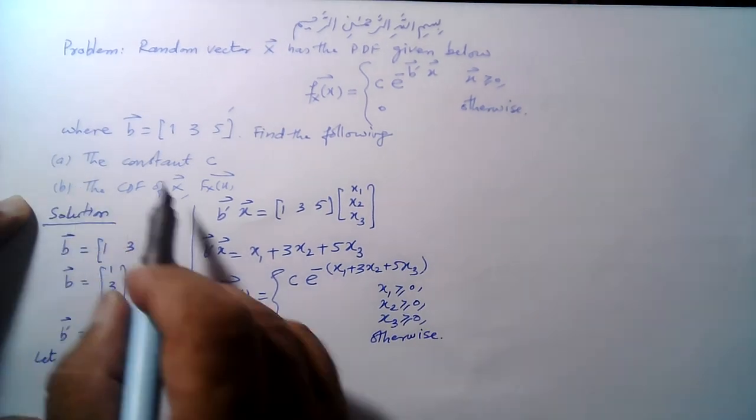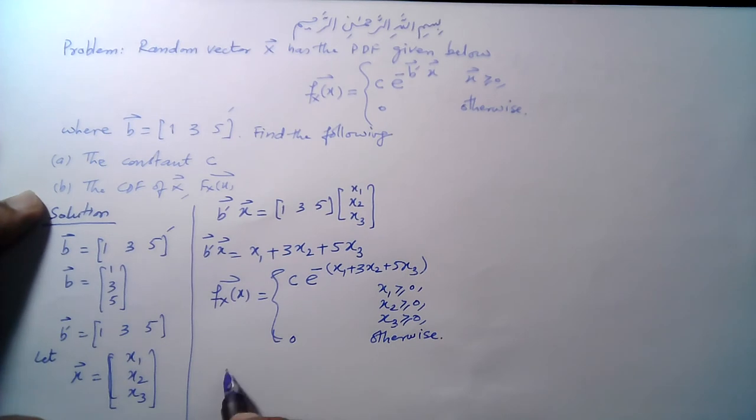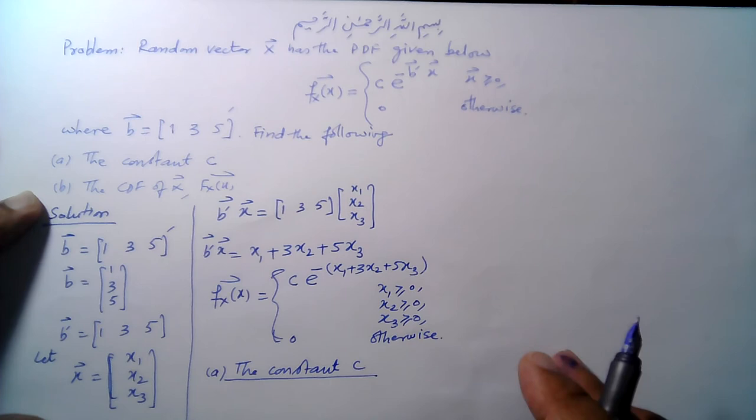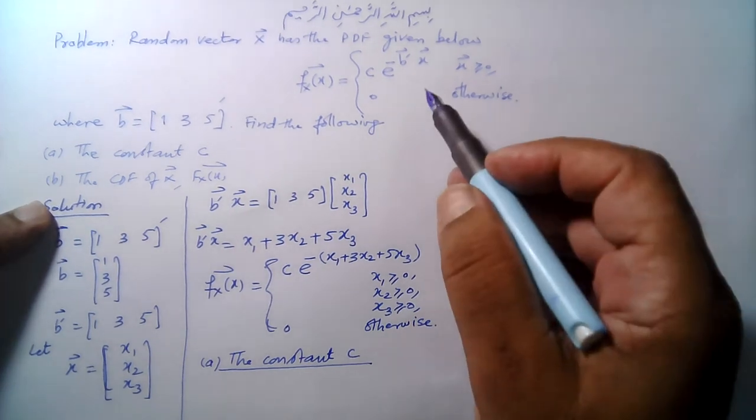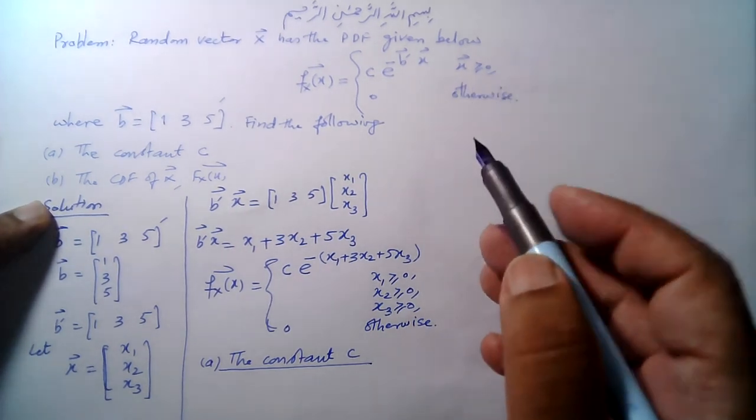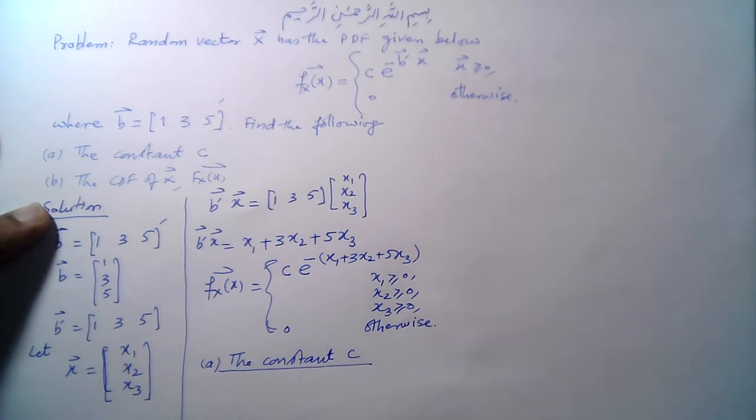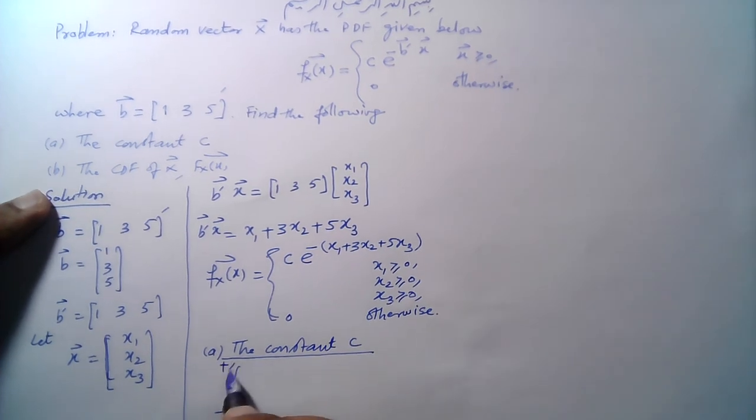So now let's find out the constant c, part A of our problem. The constant c, right? So this PDF evaluated over the entire region must evaluate to 1. So in other words, this integral from minus infinity to plus infinity, when we integrate this PDF, the answer should come out to be equal to 1.